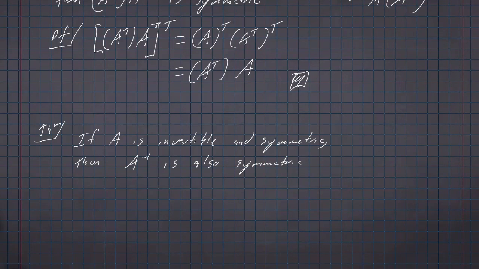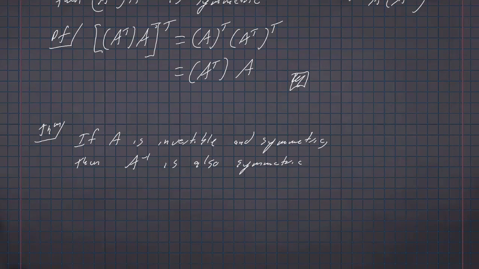If matrix A is both invertible and symmetric, then its inverse is going to be symmetric. And one way to think about this is using the theorem we just looked at.